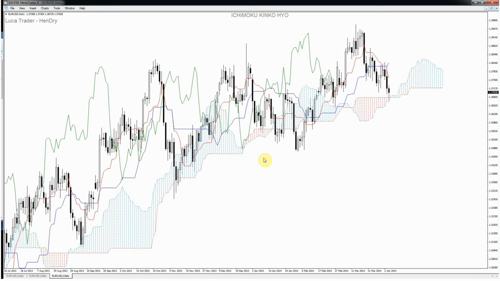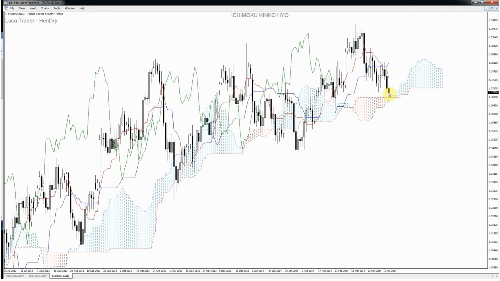Let's move forward to the blue line, the Kijun-sen. Kijun-sen is a blue line. The formula behind the Kijun-sen is pretty similar to the Tenkan-sen, right? The only difference is the period being used. Kijun-sen will also calculate the average of the highest high and lowest low of the market price, but for the period of 26 days, right?